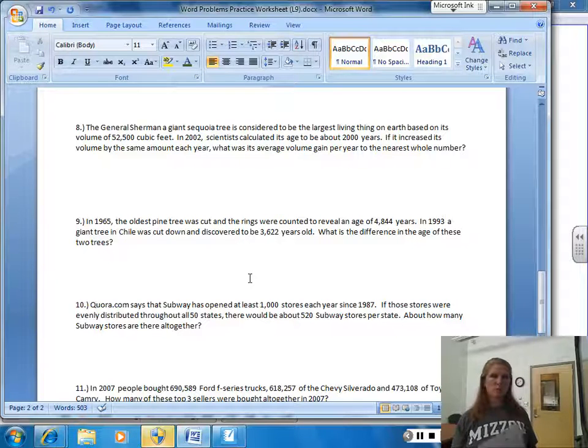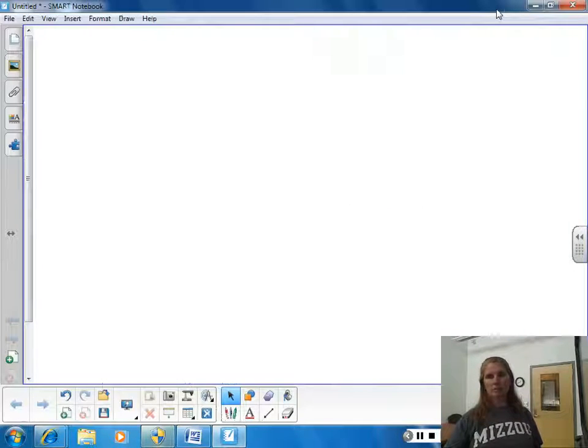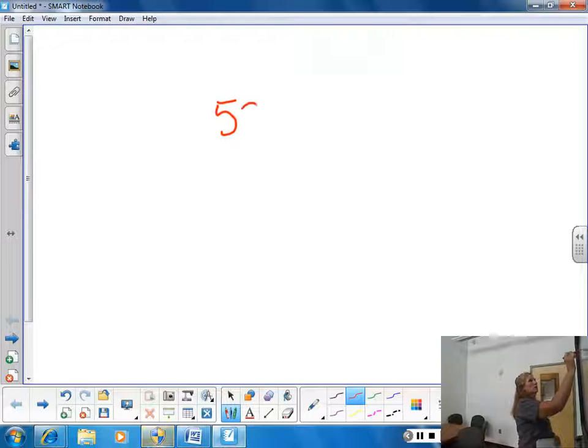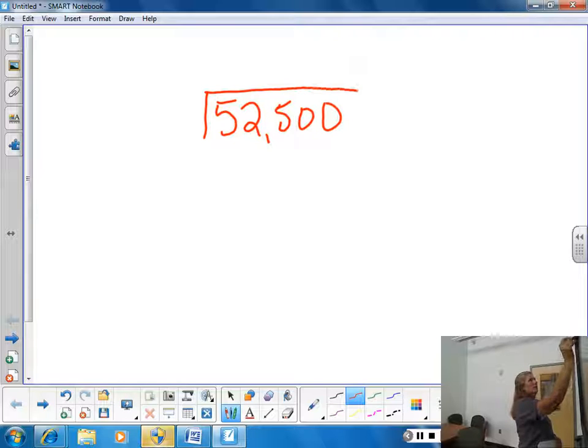That's because we want to find its average. Sorry, average is division. I don't have to add it up because somebody already did that, but I do need to do the division part. So I'm going to take 52,500 and divide by 2,000.